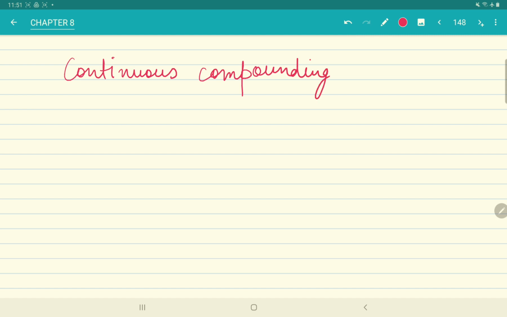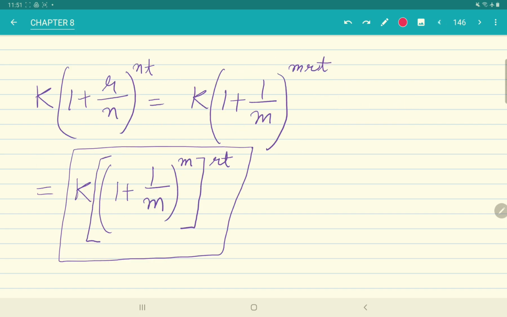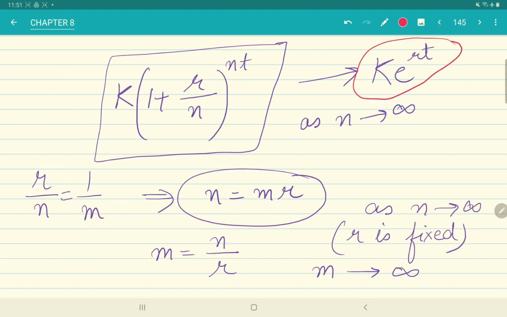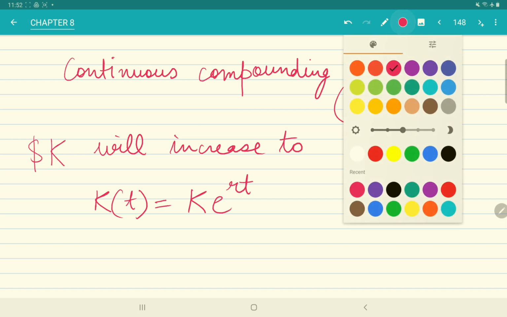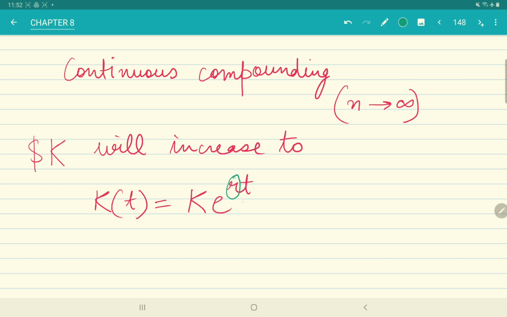So if you have continuous compounding, given the fact that n approaches infinity, now if you have k dollars, that's the initial amount, it will increase to this expression, and here we often refer to this r as the rate of interest.